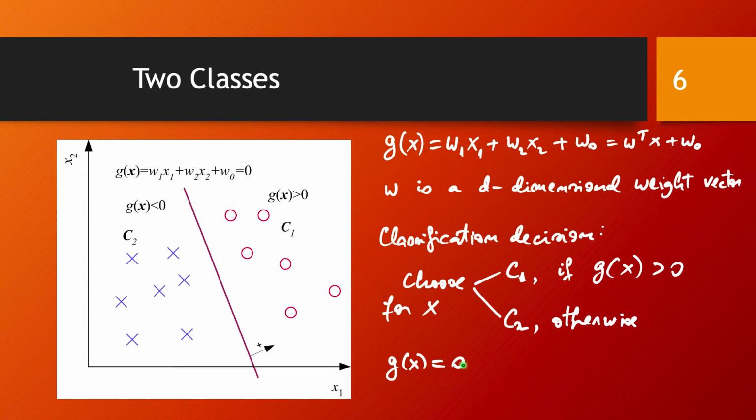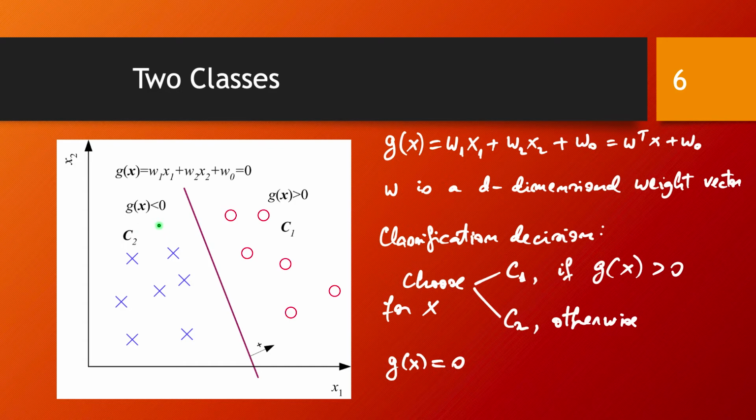And we can see it in this figure in this way. This is the hyperplane defined by g of x equal to 0, and we have one half of our, in our case, two-dimensional space, and this is the second half. And the point is that on this half, the discriminant g of x is going to take positive values, and on this half is going to take negative values.